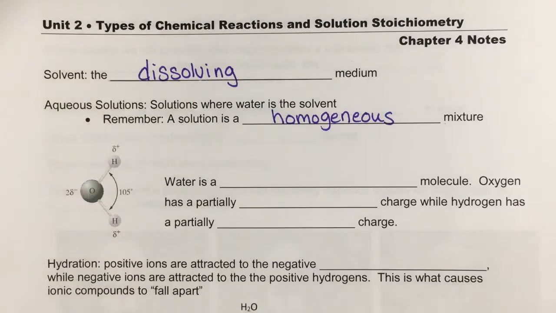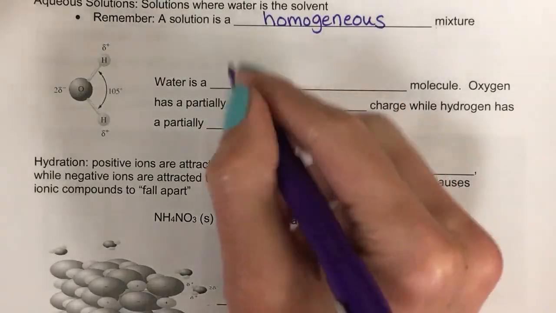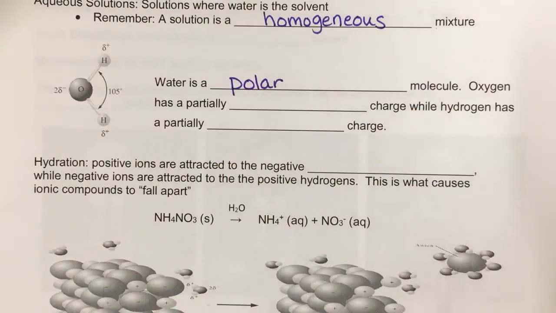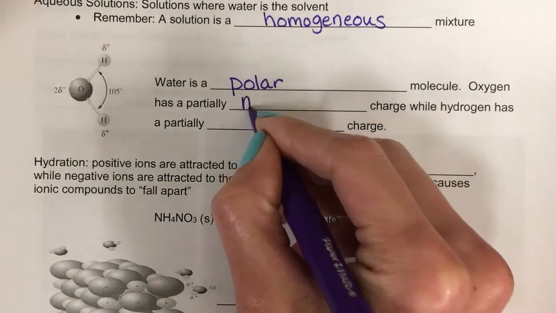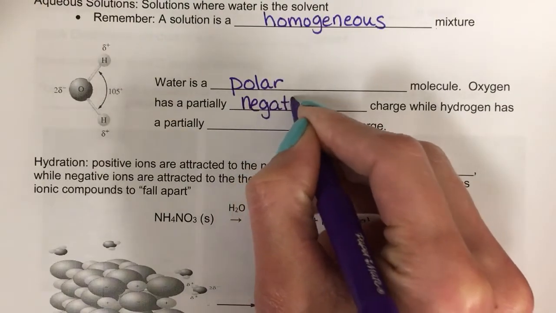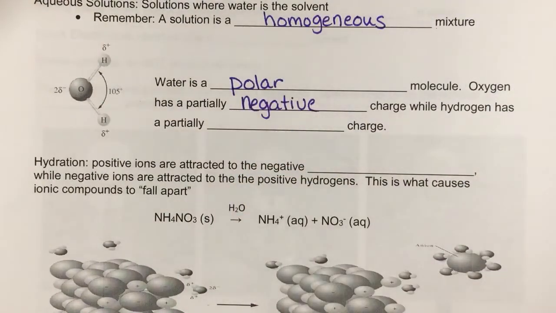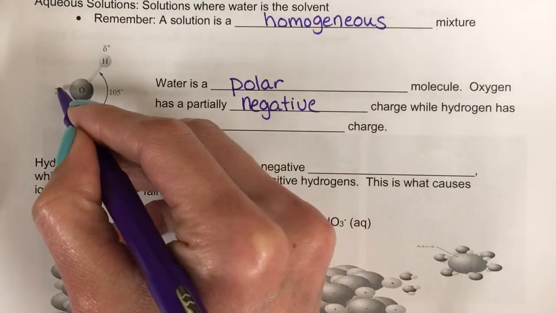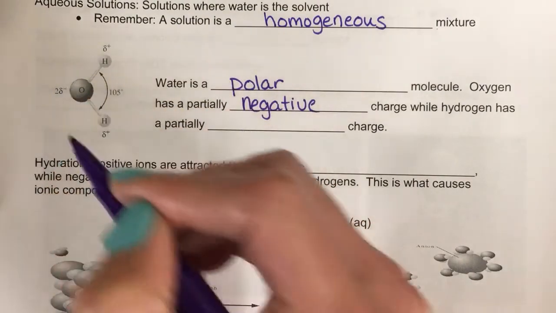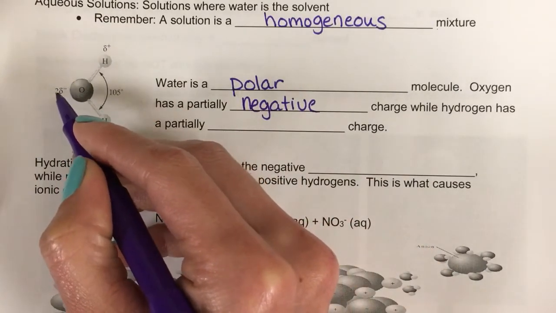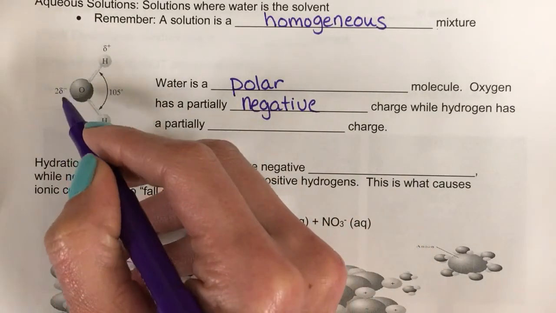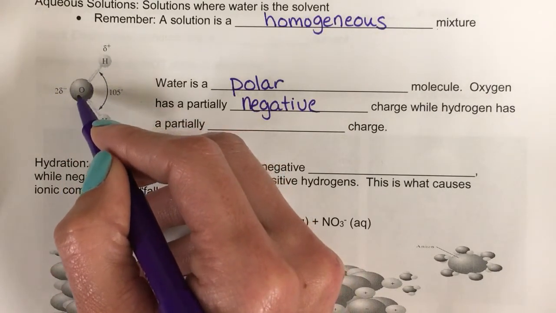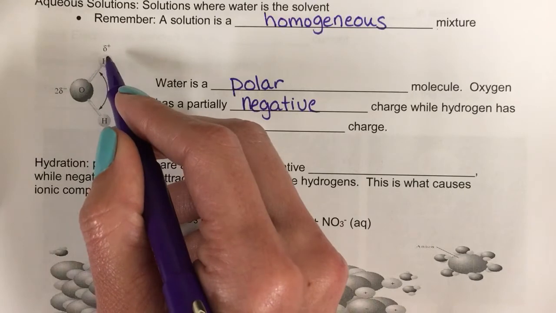Now when we talk about water, water is a polar molecule. Now what that means is oxygen has a partially negative charge. If we look at our water molecule over here, here's my oxygen atom. That little funny shaped S with the negative next to it, that's telling me that it's a partially negative charge. The reason it has a partially negative charge is that the oxygen is better at pulling on the electrons than the hydrogen is.